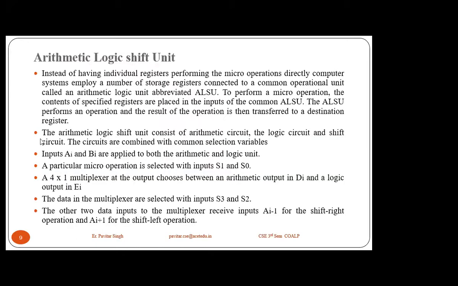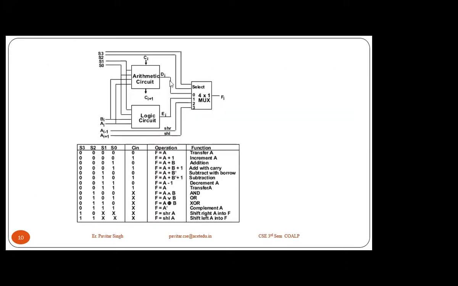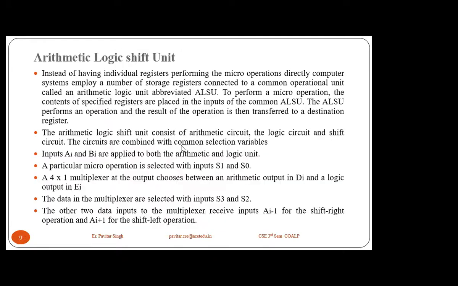So the inputs AI and BI are applied to both the arithmetic and logic circuits. The particular micro operation is selected with the help of S1 and S0. A 4:1 multiplexer at the output chooses between an arithmetic output in DI, which is the output of the arithmetic circuit, and a logic output in EI, which is the output of the logic circuit.